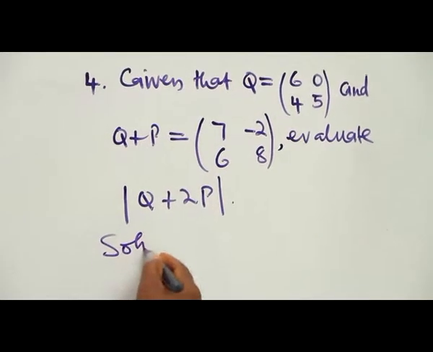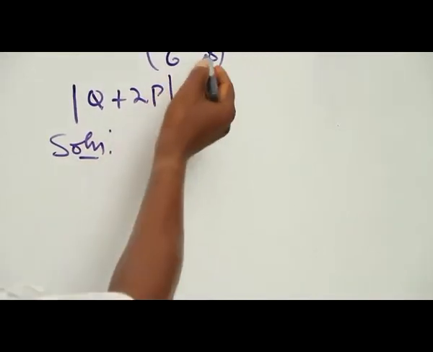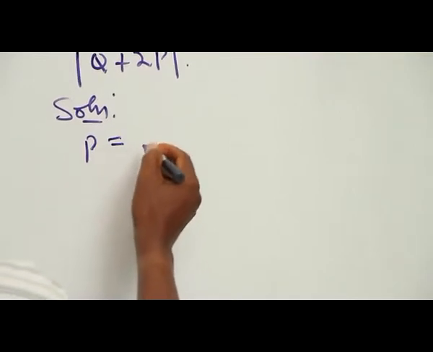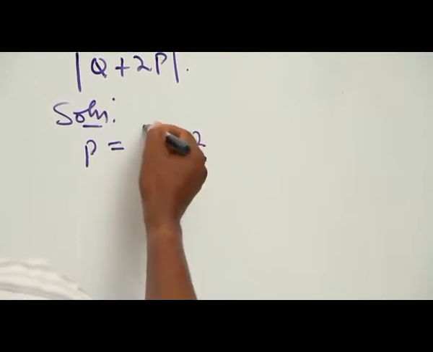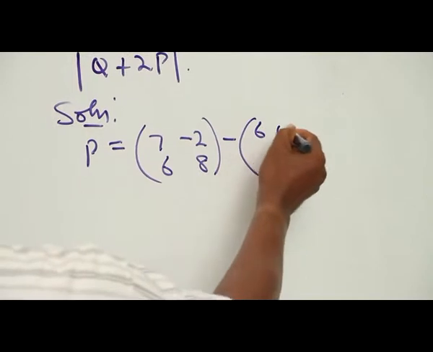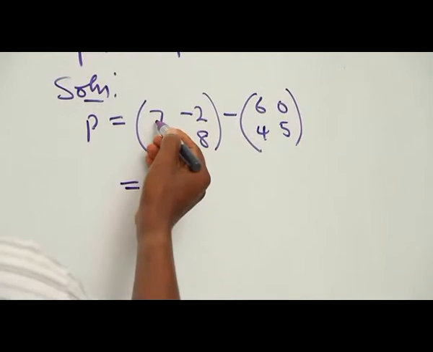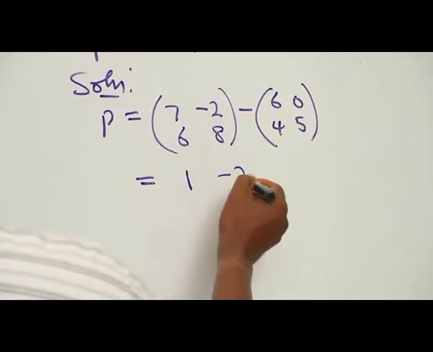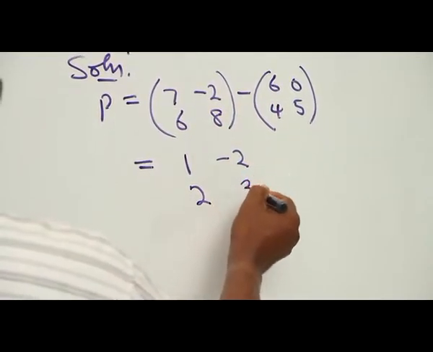Our solution, first and foremost, we have that Q plus P is equal to this, so we get our P. Our P therefore will be equal to 7, minus 2, 6, 8, minus Q, which is 6, 0, 4, and 5. So component by component, 7 minus 6 is 1, minus 2 minus 0 is minus 2, 6 minus 4 is 2, 8 minus 5 is 3.